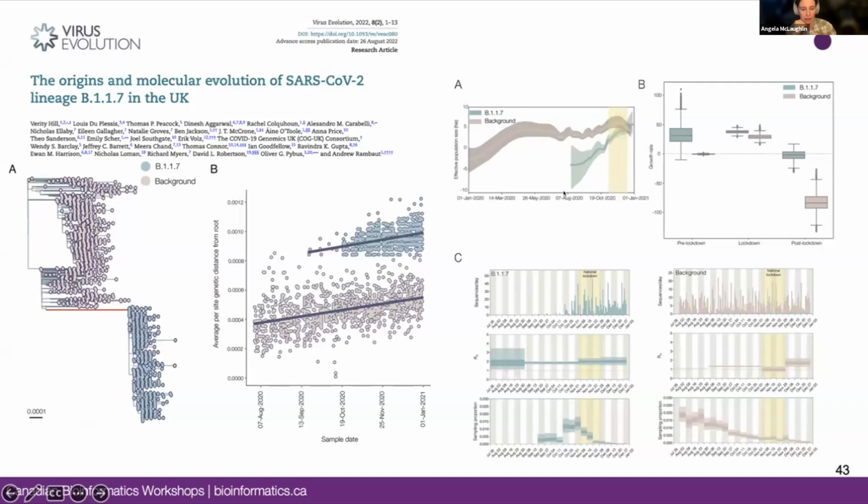So in more modern contexts, this has been applied to look at, for example, the origins of SARS-CoV-2 lineage B117, the alpha variant.